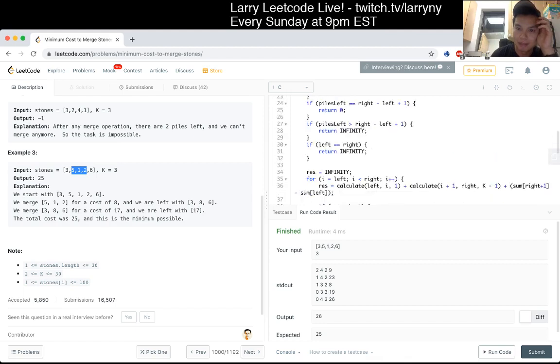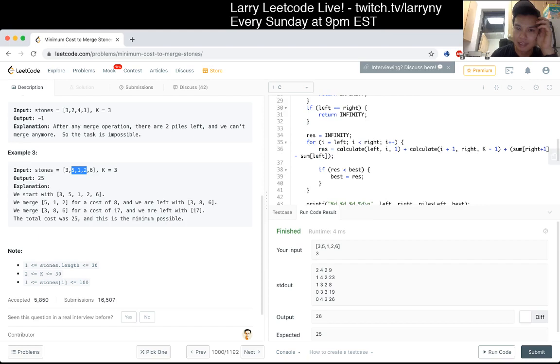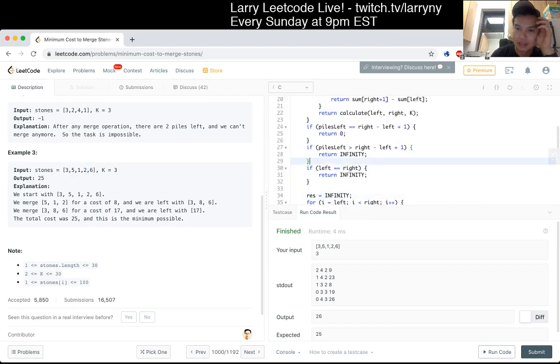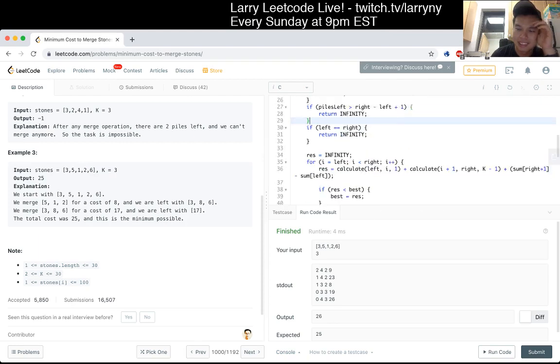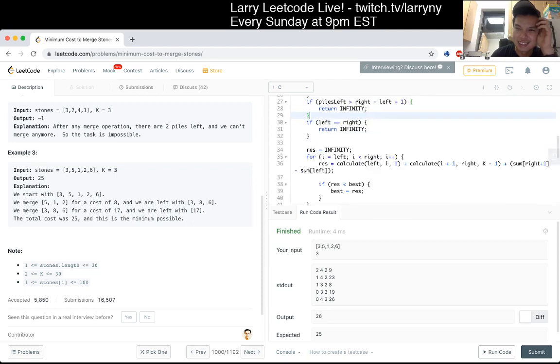What do I do for piles left equals 2? I guess I don't even use this anymore. To do something, maybe that's a base case. Because maybe this is where I do piles left. I think I kind of messed around a little bit too much.